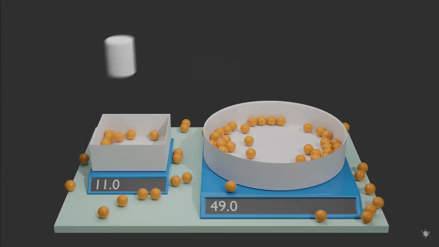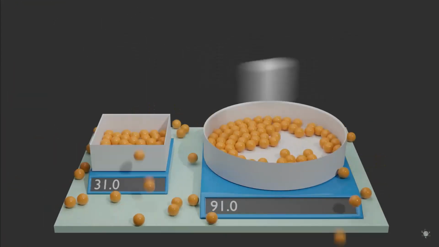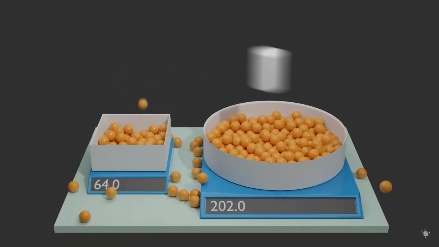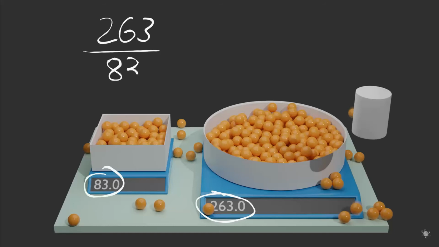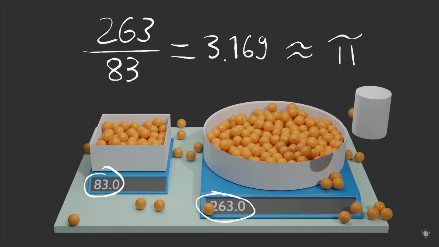And if we let the simulation evolve for a while, and then divide the number of marbles in the circular bowl by the number of marbles in the square bowl, the result happens to be roughly pi. Without any advanced math knowledge, simply by randomly dropping marbles into two bowls, we can estimate pi.